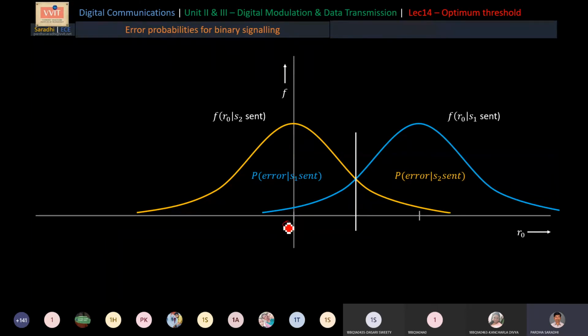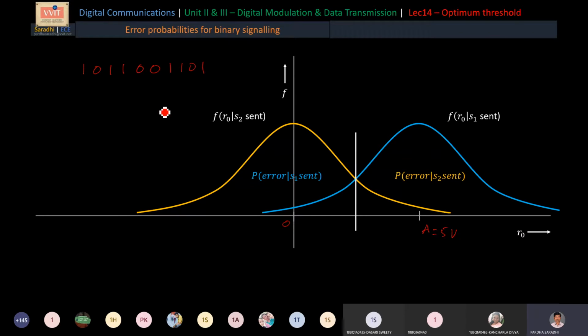Suppose we are talking about unipolar NRZ. So this is A equal to 5 volts, right? For a particular bit value, this is the stream of bits transmitted, something like this.